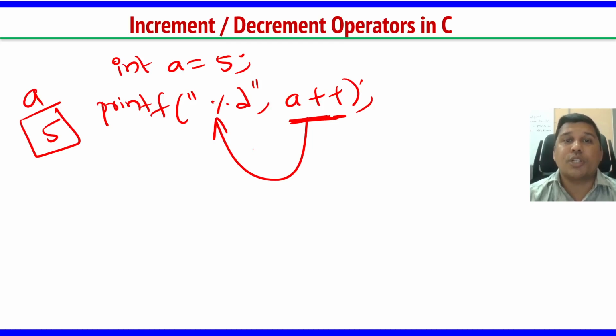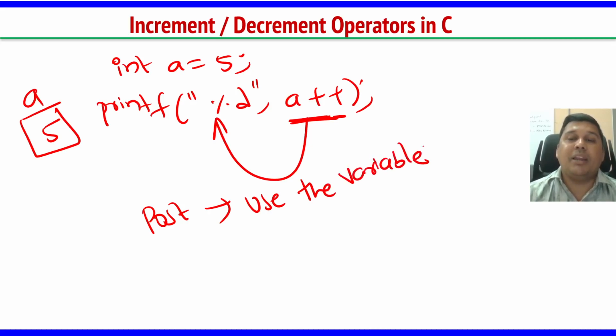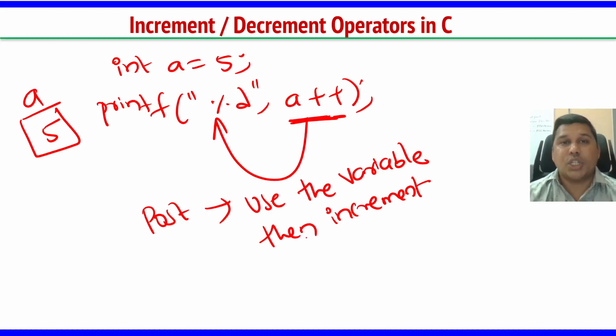What are the rules of post and pre? The post-increment rule says: use the variable first, then increment it. First use the variable, then increment the value.